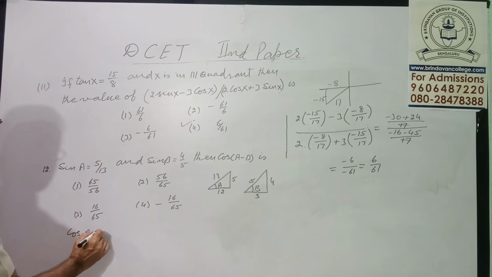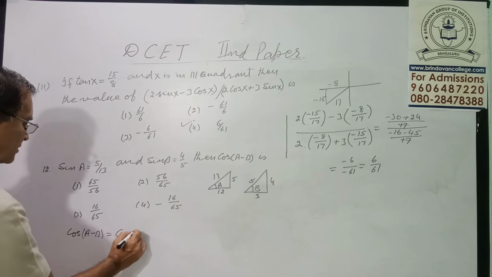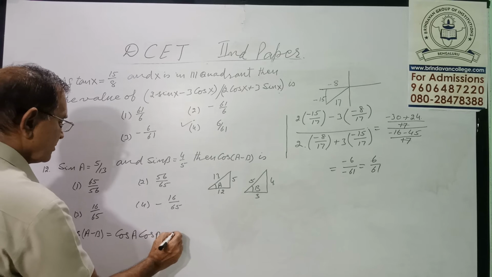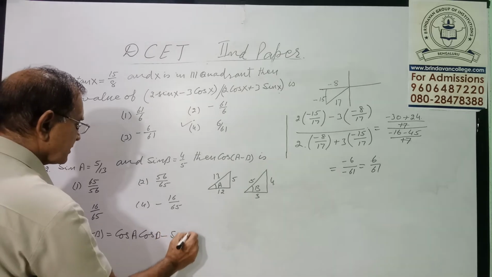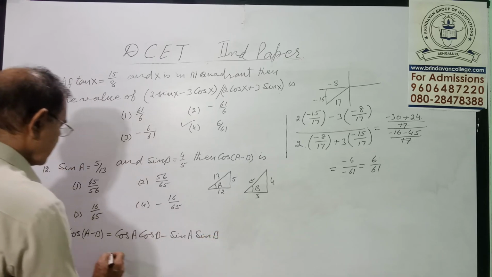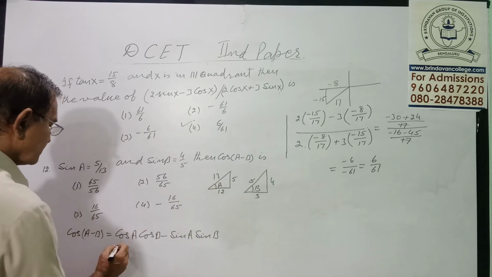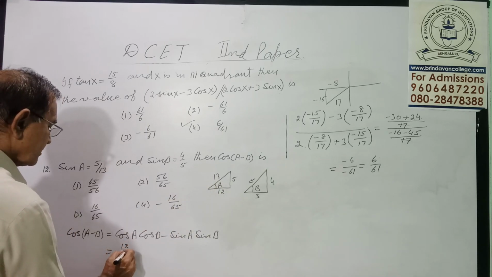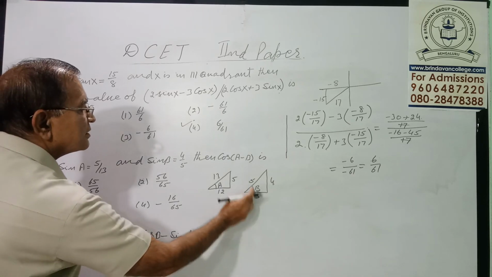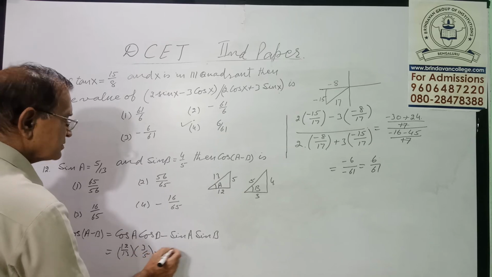And then cos A minus B. Identity is cos A cos B plus sin A sin B. So value of cos A that is 12 by 13, that is base by hypotenuse. Cos B 3 by 5, base by hypotenuse.